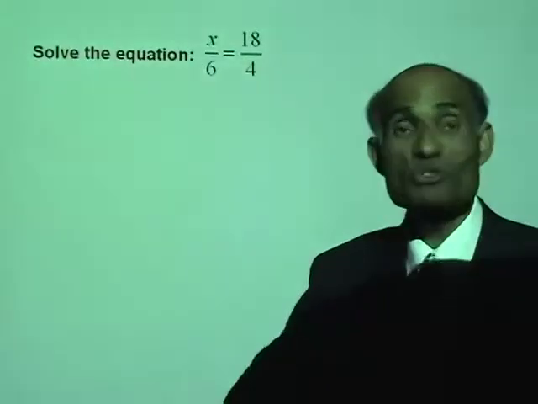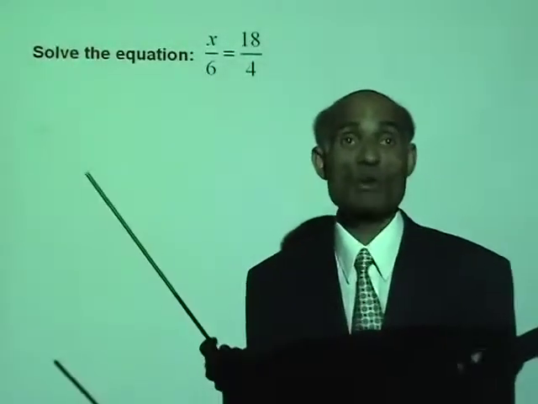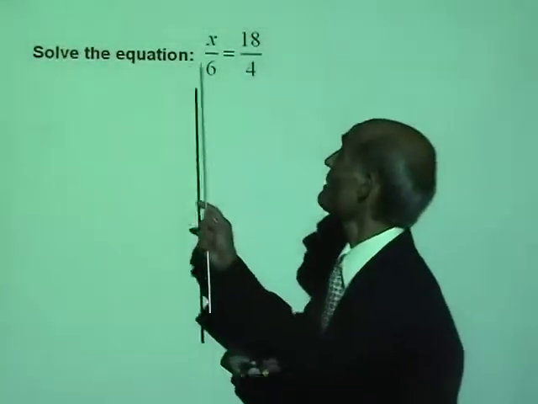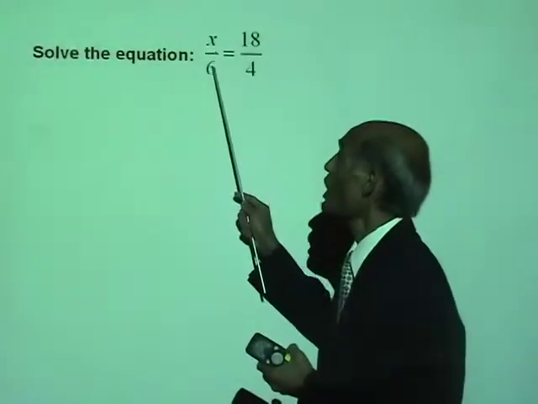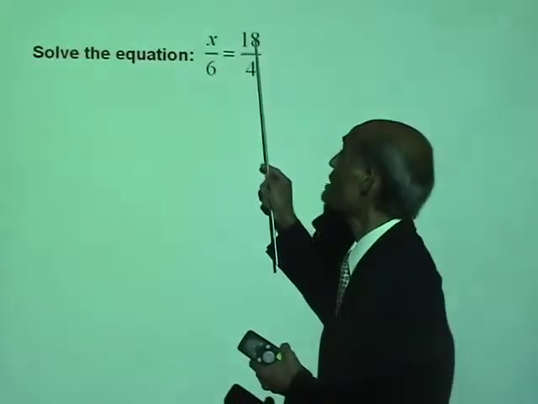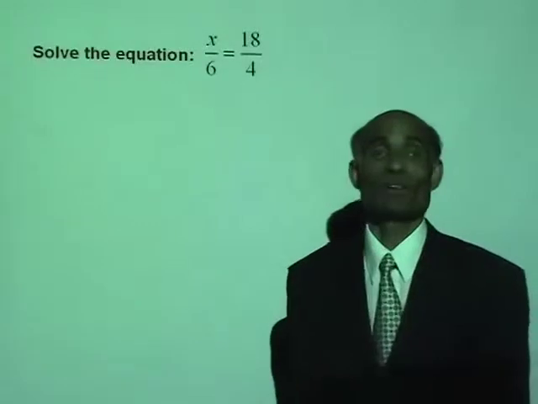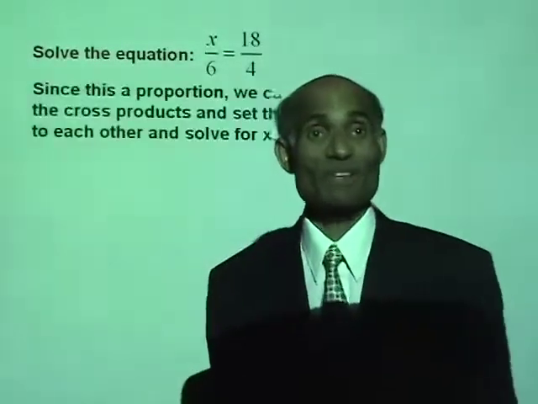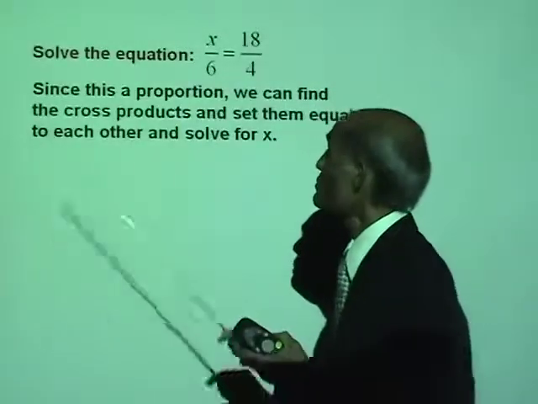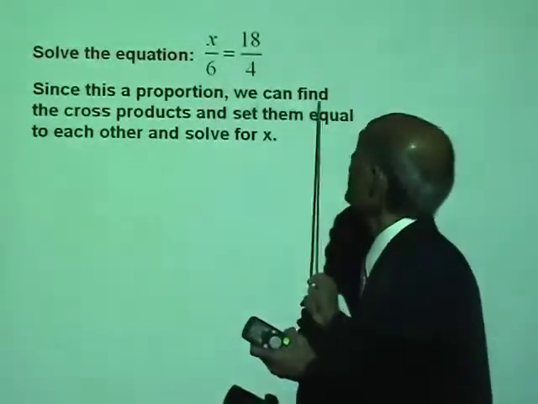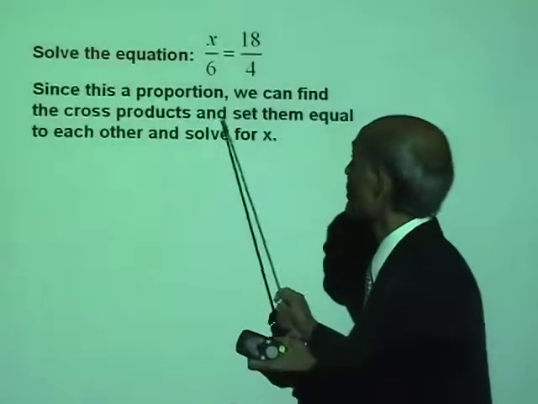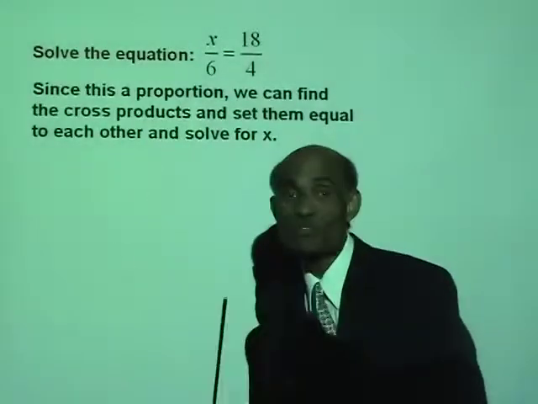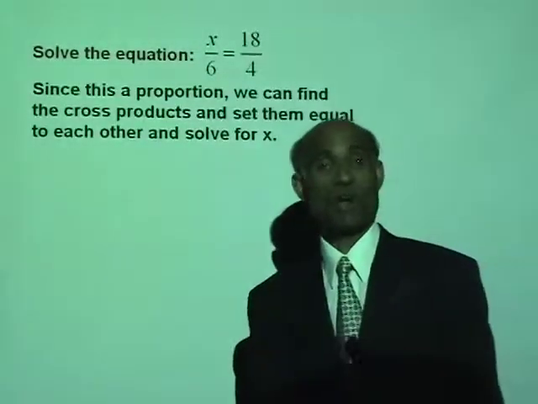Let's now use the cross product to solve equations. Here we have an equation, x over 6 equal to 18 over 4. We can solve this equation by using the cross product. Since this is a proportion, we can find the cross product and set them equal to each other and solve for x.